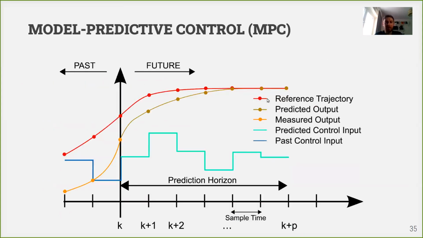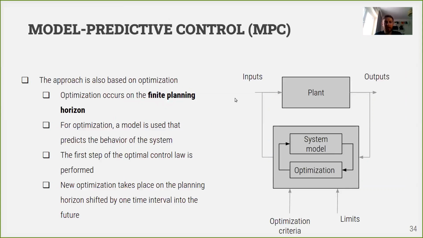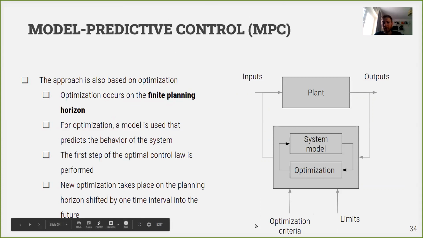But of course, as we said, this is a family of algorithms. Particular algorithms can work in a different way inside, and this optimization criteria can be linear quadratic optimization or any other way of optimization. So this is just a general idea for understanding how model predictive control works.